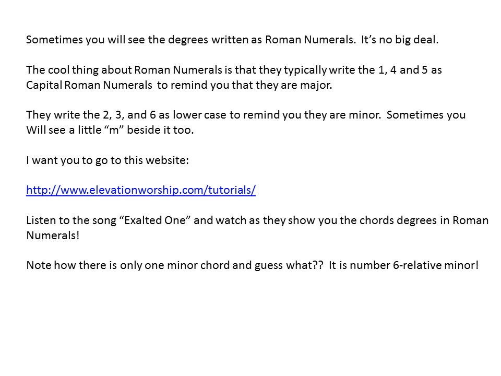And you'll typically see a capital Roman numeral for 1, 4, and 5. They're capitalized to remind you that those are the major chords. And for the 2, 3, 6, they use lowercase Roman numerals to remind you those are minor chords. Sometimes people even go to the extreme of putting a little lowercase m beside those to remind you that they're minor.